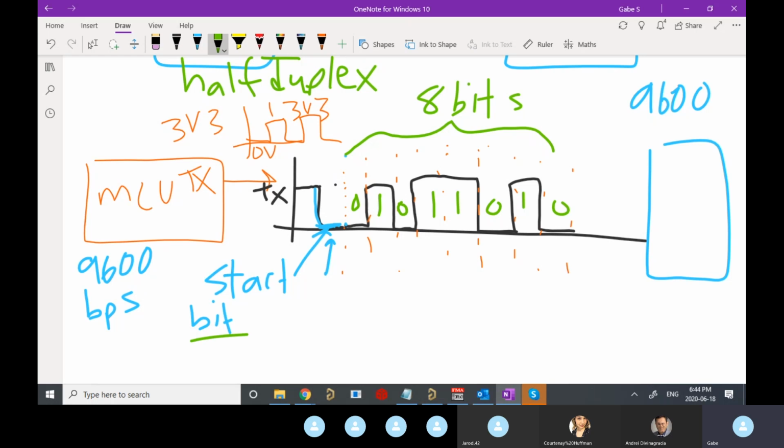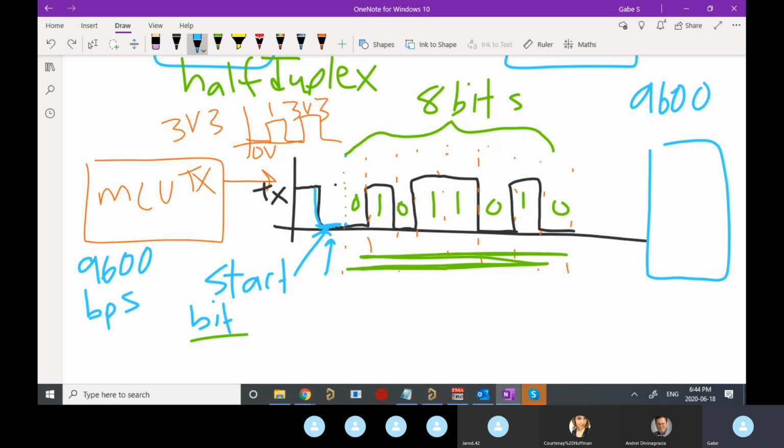This data is going to be changing based on whatever you want to send, right? And maybe that's little characters that you're typing, for example, ASCII, like an A or a B or a C from a keyboard. It could be an 8-bit ADC reading. It could be anything you want. Right, so after the data section, we have the start bit, we have 8 bits of data, and then usually we have a stop bit as well.